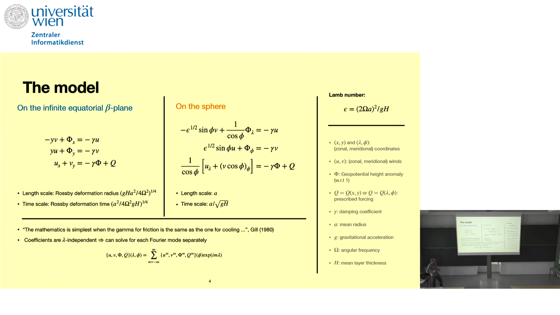It plays the role of both dissipation and relaxation, so it can also add energy to the system. So it means that the rate of energy input is equal to the rate of energy output in the system. So, to put it in Gill's words, the mathematics is simplest when the gamma for friction is the same as the one for cooling.